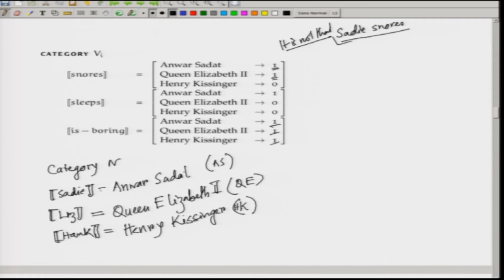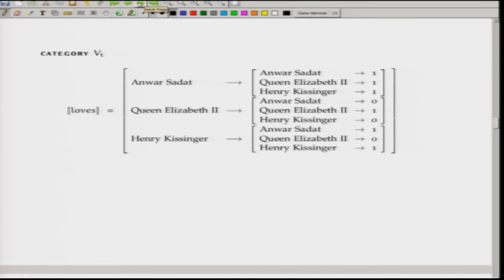Suppose this is our sentence, we can make this sentence, and we will get back to this, how it works. And first let us see the semantic values and category VT. We need to talk about category VT.